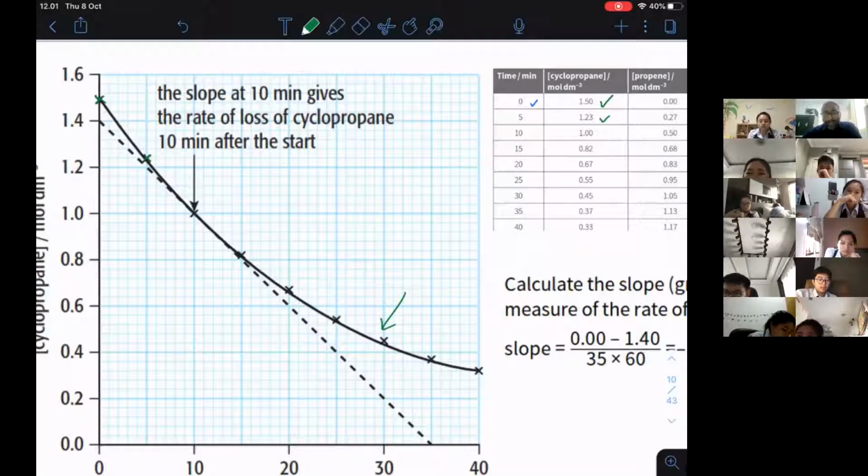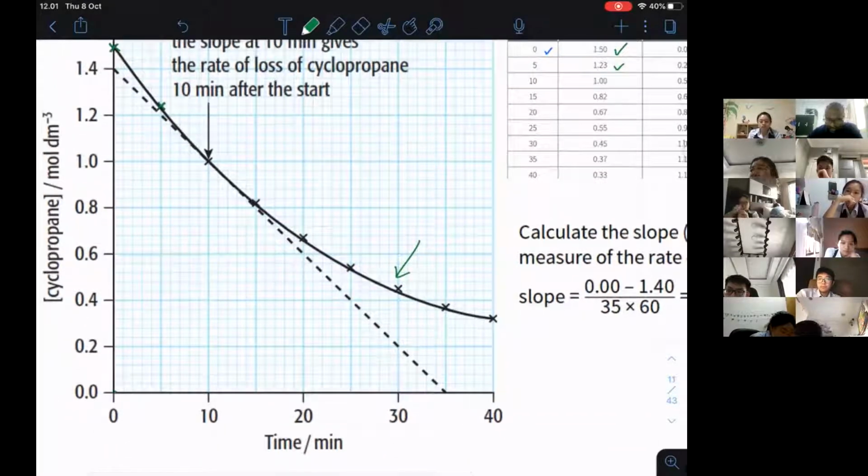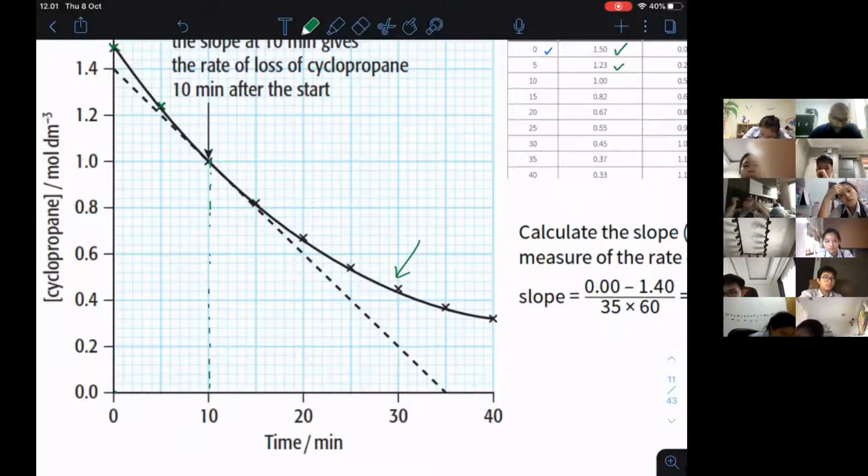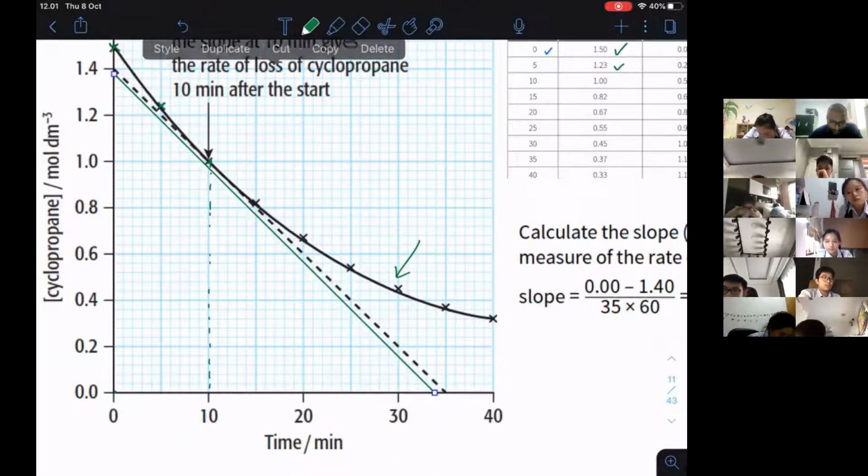Again, similar to just now, not only at 0.0, I can measure at any time interval. Let's say I want to find out the rate at a specific time, which is at time equals 10 minutes. How to do that? You just need to draw a tangent passing through this point. I'll just draw like this, and then I try to move.